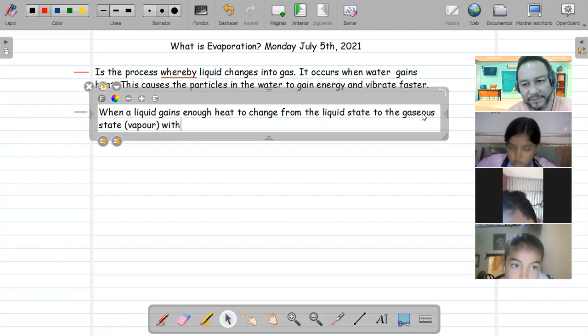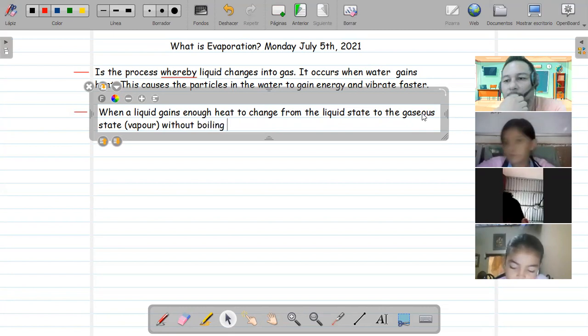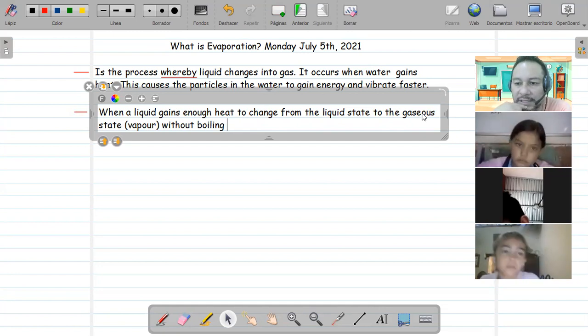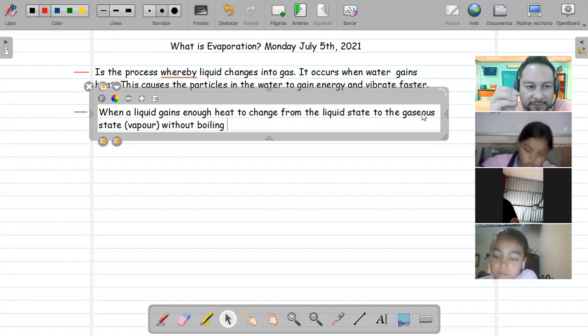To have this kind of vapor, we need boiling. For example, when we have a kettle with boiling, we can see the vapor, right? But when we have this process of evaporation, we cannot see the vapor.